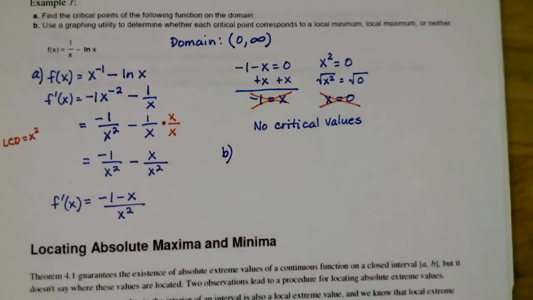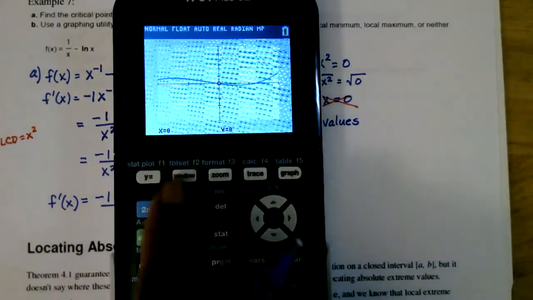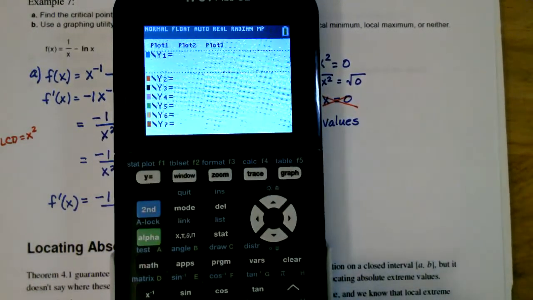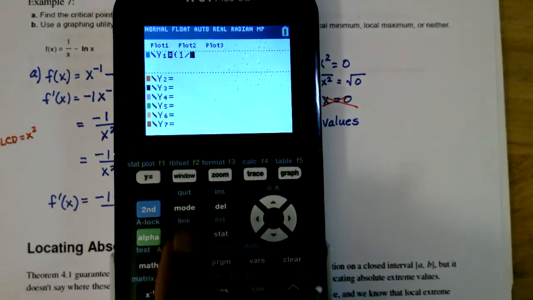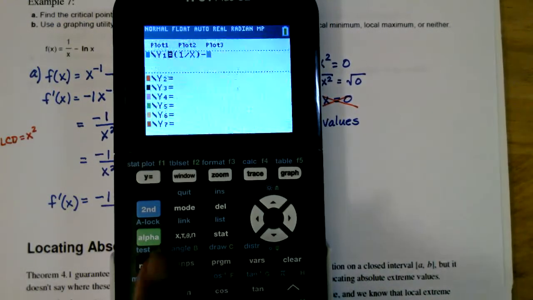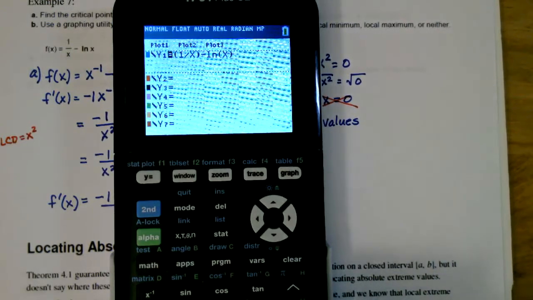Now, if we were to graph part B, let's go to y equals, clear this out. And I'm putting 1 divided by x in parentheses, and then minus the ln key, and then x.